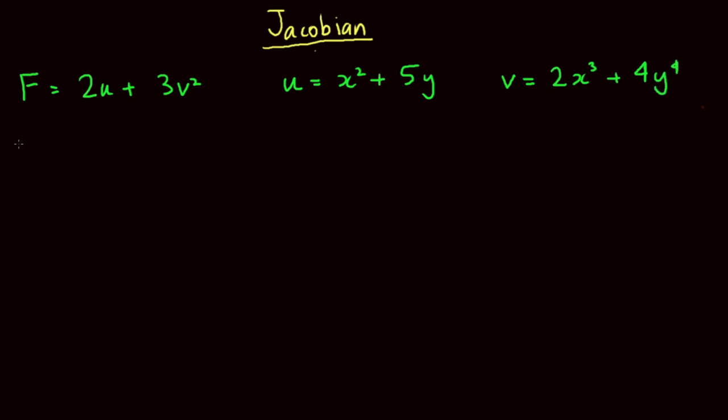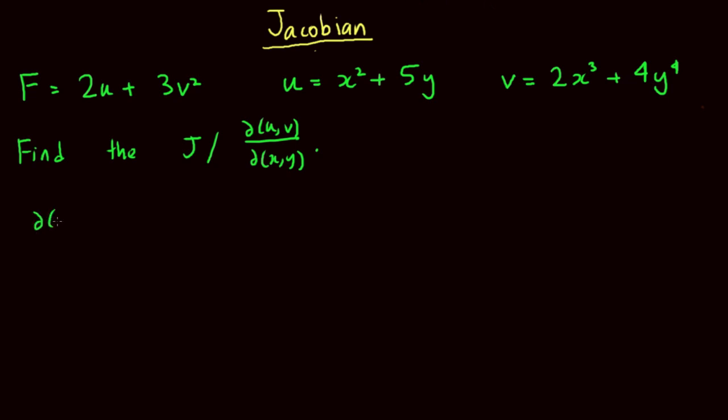Okay, and they want you to find the Jacobian, right? Find the J. Sometimes they write find the J, or in this case del uv over del xy. So how are we going to find it? Okay, so it's actually quite straightforward.